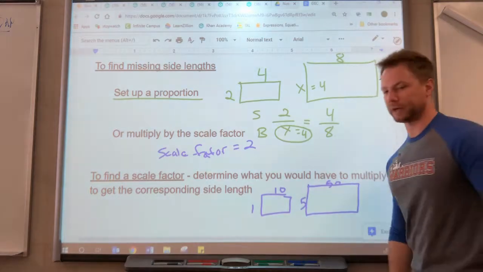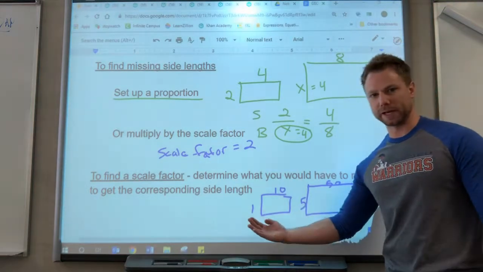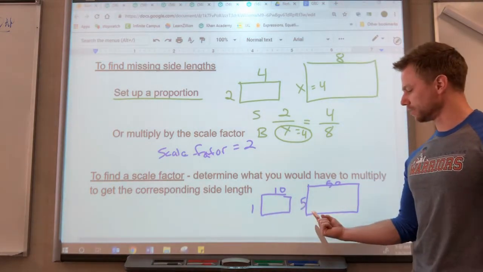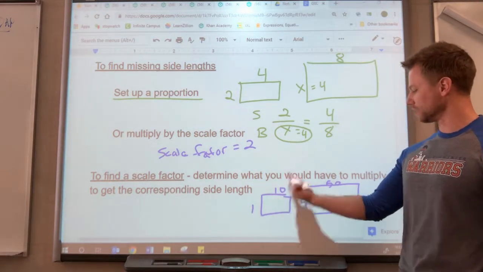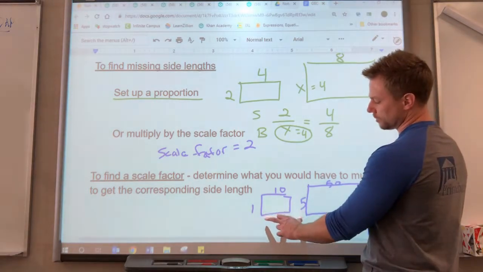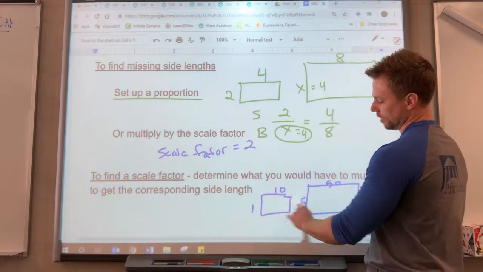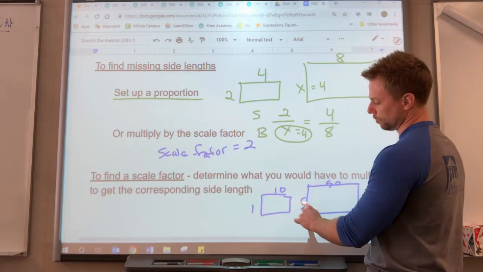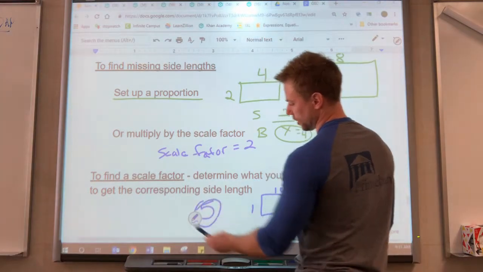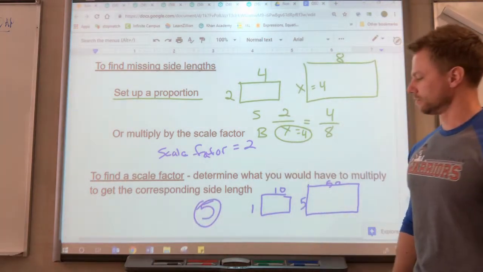So you're going to use corresponding sides and say, what are we multiplying the first one by to get the second one? So 1 times what is 5? Well, that would be 5. Is 10 times 5 going to be 50? Yes, it is. So if I use corresponding sides, these are both the heights, and figure out what I'm multiplying the first one by to get the second one, that's my scale factor. So in this case, my scale factor would be 5.